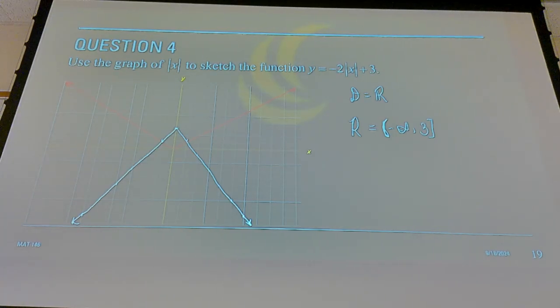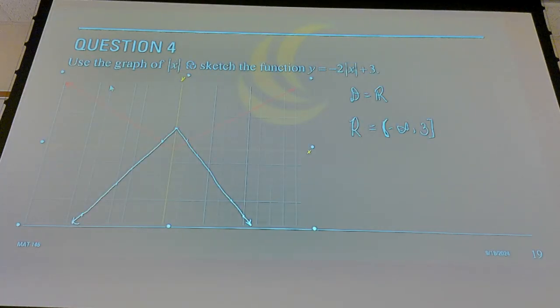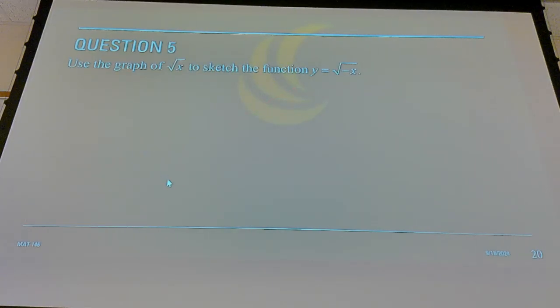New function. Right, so now we're dealing with the square root function. Start there. That point.